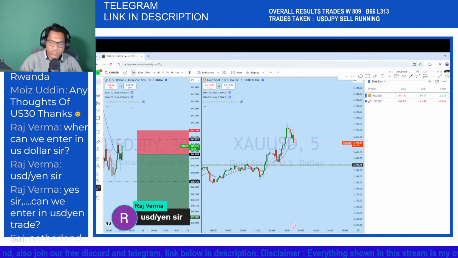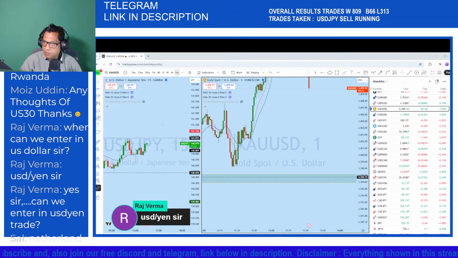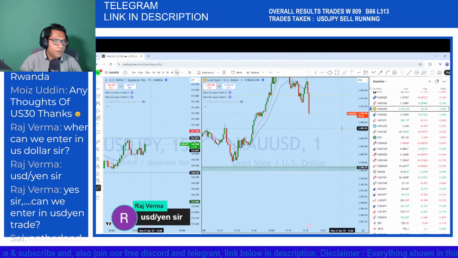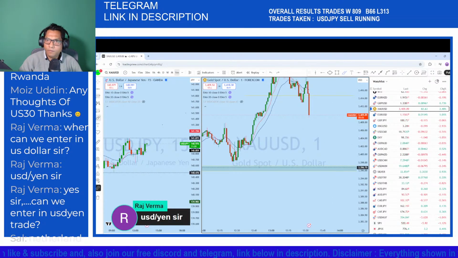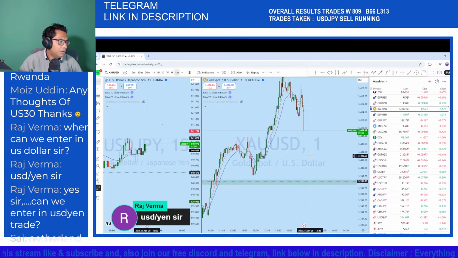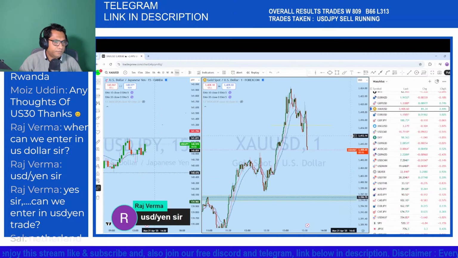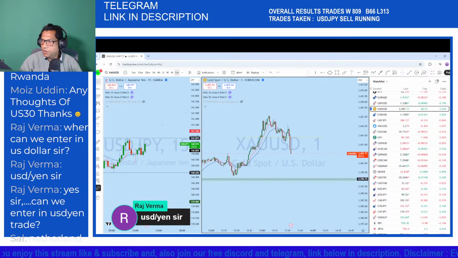So there is a rejection from the top in that area, and so with this rejection, the market is coming for that correction here. It's a complete break of structure.